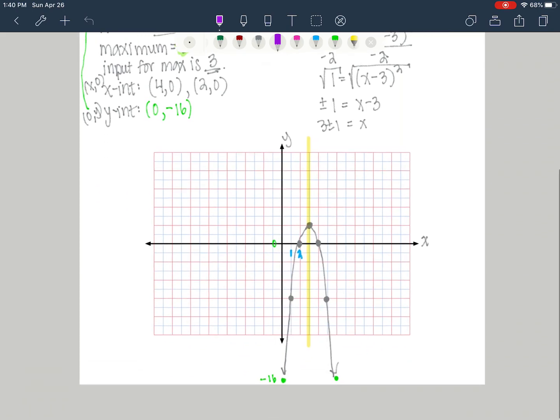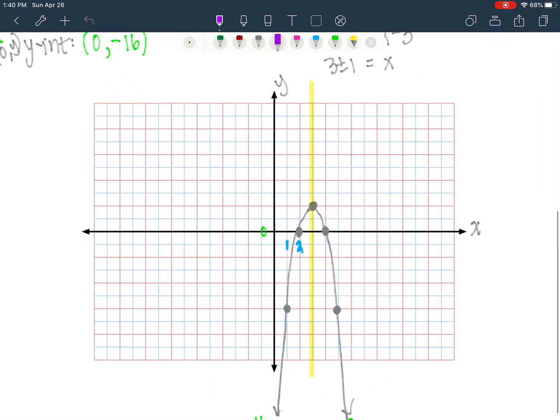Okay, let's try on the last problem that we did. Our domain goes from negative infinity to positive infinity, and our range starts at negative infinity. It doesn't really start at negative infinity, but that's the lowest value, even though infinities aren't technically a value.